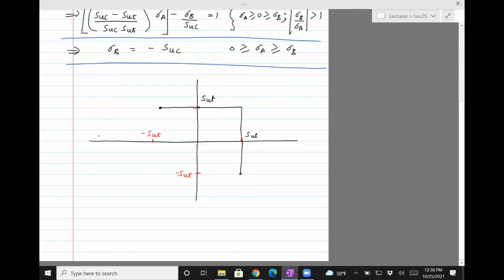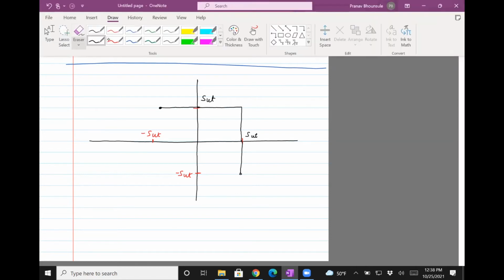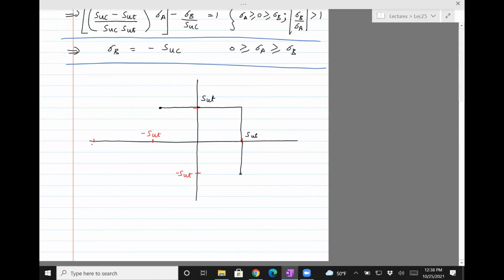After this, it sort of goes towards negative SUC. Just draw that. Okay, so it will go towards SUC.